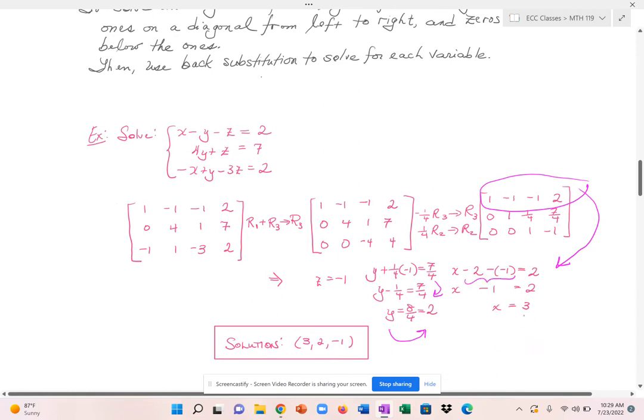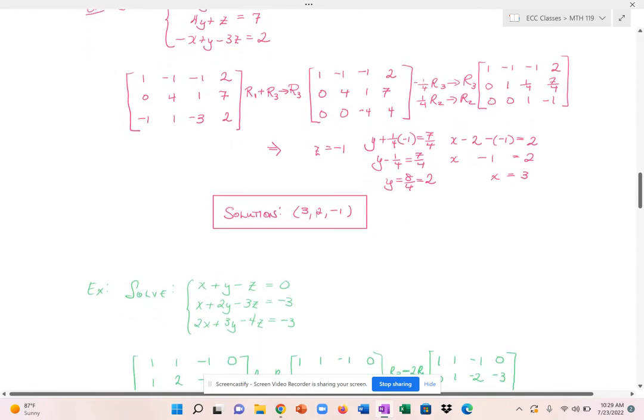Add 1 to both sides, you get x is equal to 3. So you present your solution as x, y, z. So my solution is 3, 2, -1. You get the same results as if you had used substitution and elimination like in the last section, but this is just another option called Gaussian elimination.